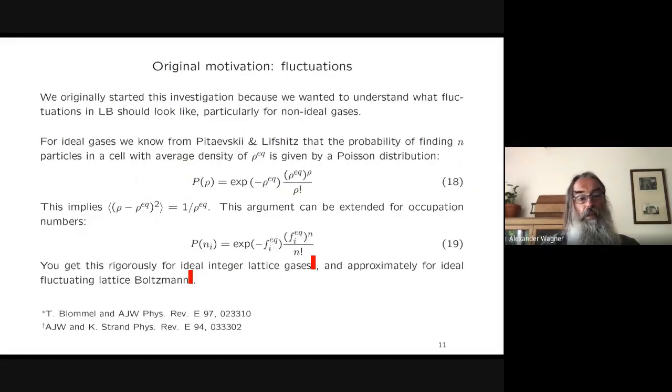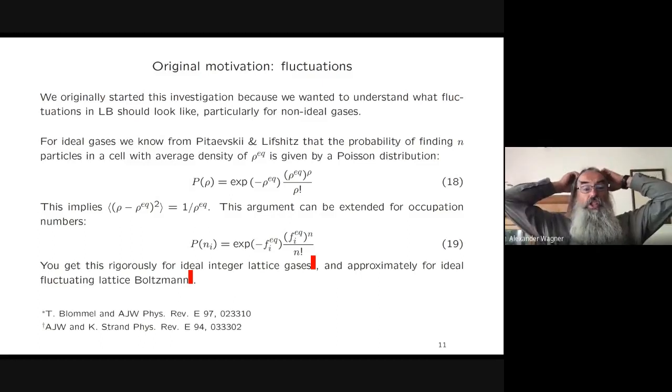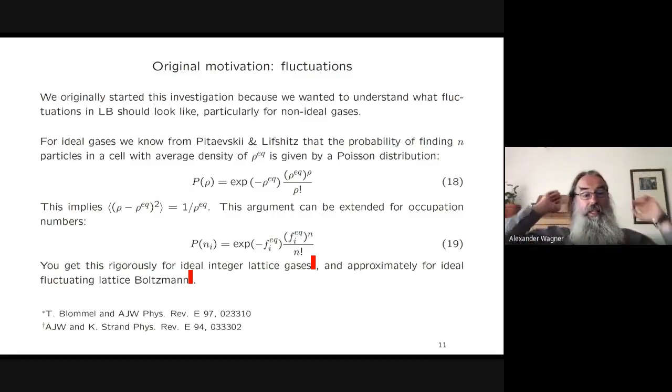Now, let's look at the original motivation of why we looked at this in the first place. So this was the fluctuations. And we wanted to understand what the fluctuation should look like, particularly for non-ideal gases. Now, for ideal gases, we know that the density should be Poisson distributed, and you can make the argument that the n_i should also be Poisson distributed, right?